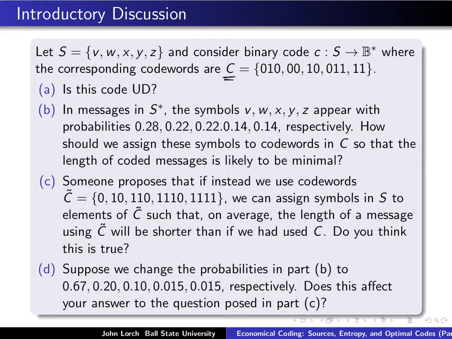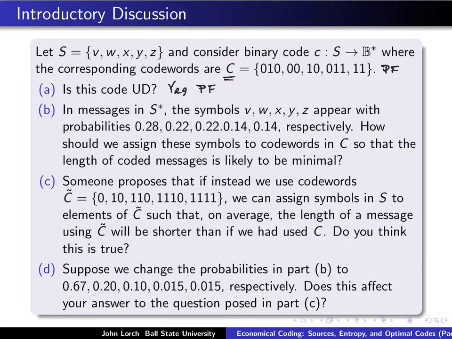Well, if you look at the code, you can see that it's a prefix-free code, right? No code word begins with another code word. And we saw in the last video or so that any prefix-free code is automatically uniquely decodable. So the answer is yes. Here, it is uniquely decodable because it's prefix-free.